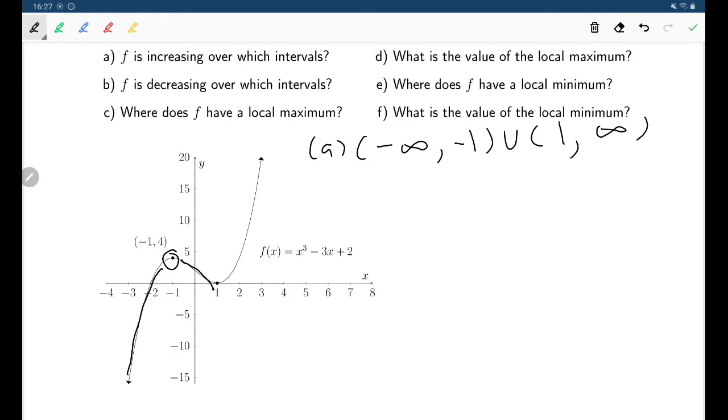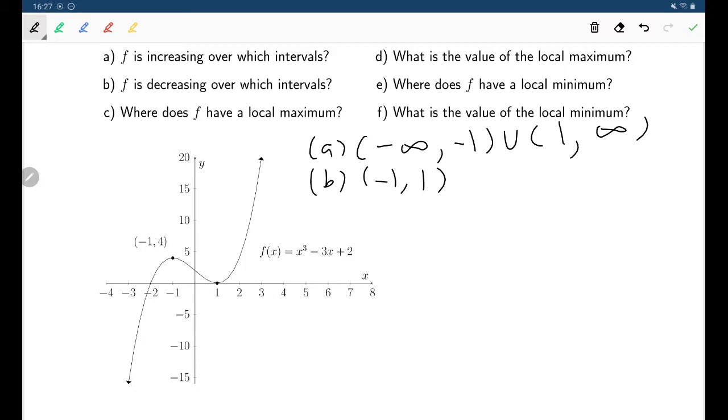But at that point, you're really neither increasing nor decreasing. You're changing direction. So that's why I wouldn't include the -1, and for a similar reason, why I didn't include the +1. So we're increasing up till -1 and after 1. Where are we decreasing? Well, just in that little interval there between -1 and 1. Again, not including those endpoints.